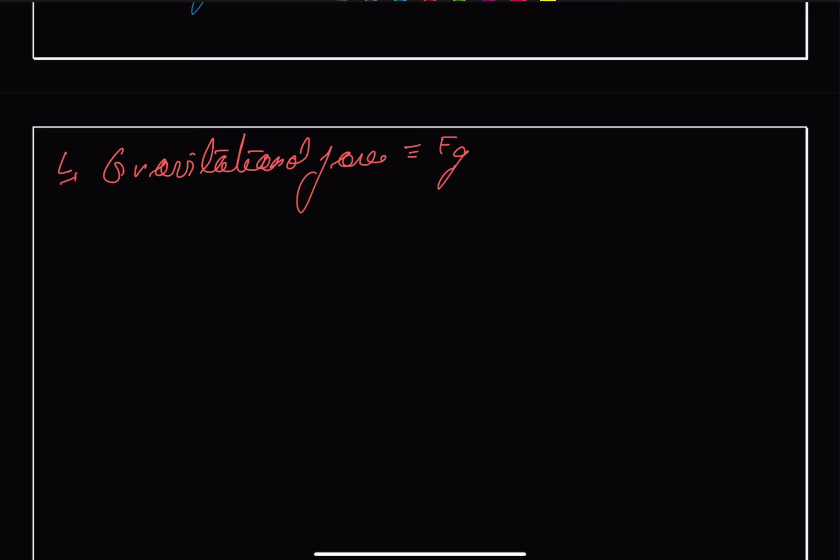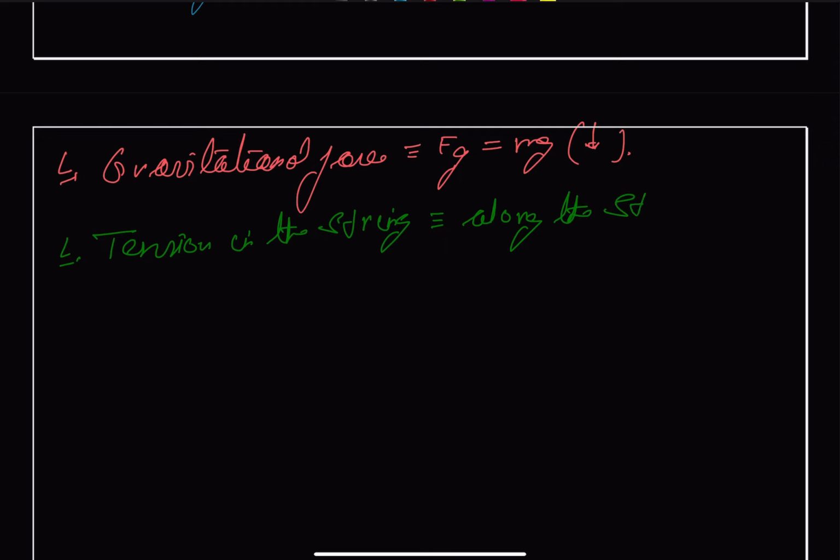Fg, which is mg, acting in the downward direction, and then the tension in the string, which acts along the string at an angle alpha.